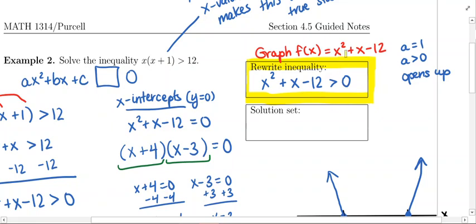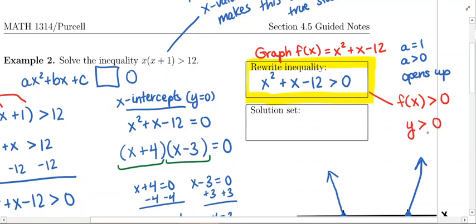F of x is x squared plus x minus 12. That's the left side of the inequality. You can translate this as where is f of x, which is the parabola, bigger than 0? And then you can translate this statement: f of x is the same thing as y.